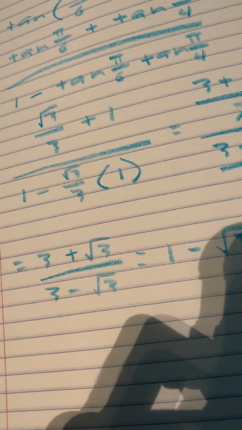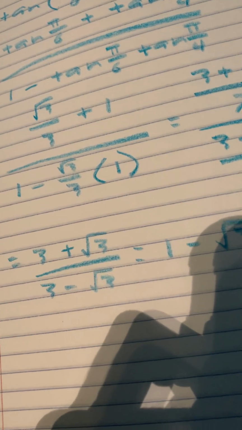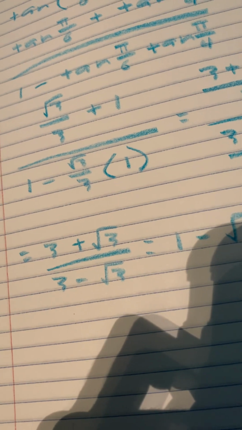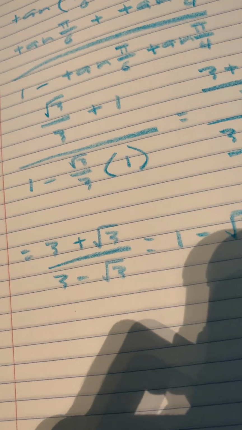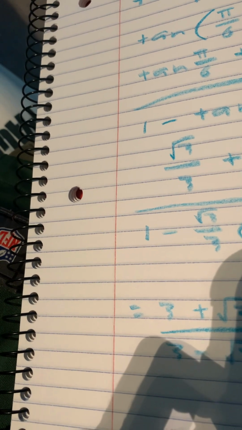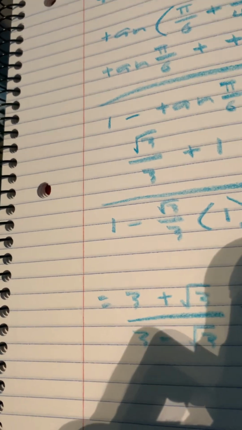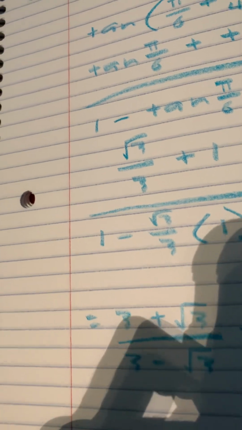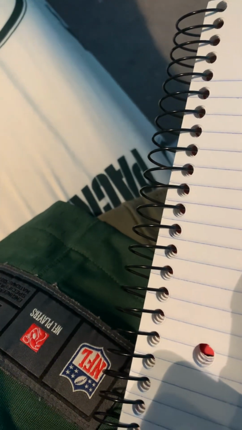So the tangent of 5 pi over 12. And I said 1 minus... Oh. Dang it. 2 plus root 3? I was close.